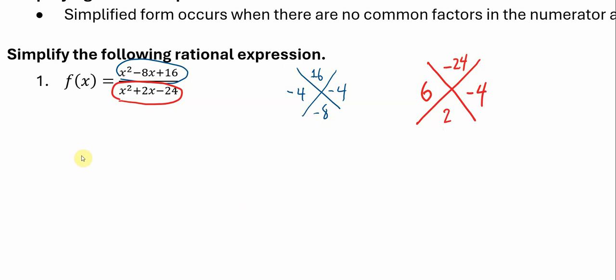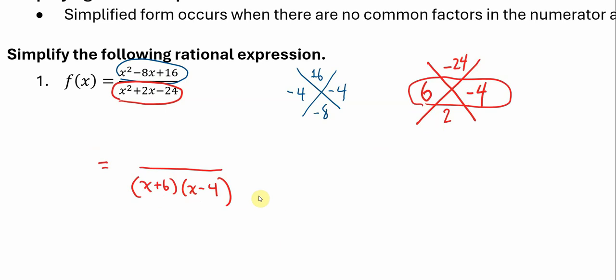And so now we can say that f of x is really equal to, our denominator is going to be x plus 6 and x minus 4. That's what these two numbers help us to factor this into. In the numerator, we get x minus 4 and x minus 4.